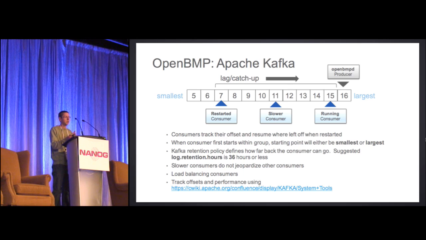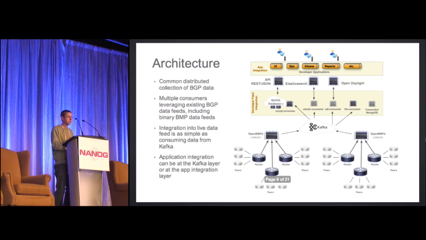So when you get an update and a withdrawal, you don't have to match the timestamps. Your order will be maintained on a per partition basis. So when you load balance, your consumers should be able to load balance correctly and process the messages in sequence as they were generated.